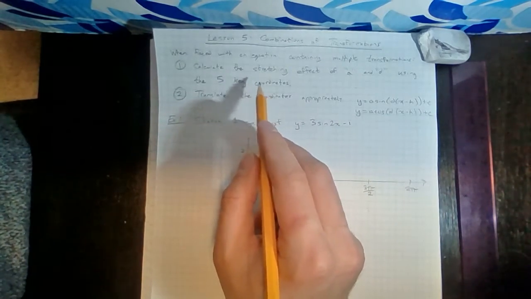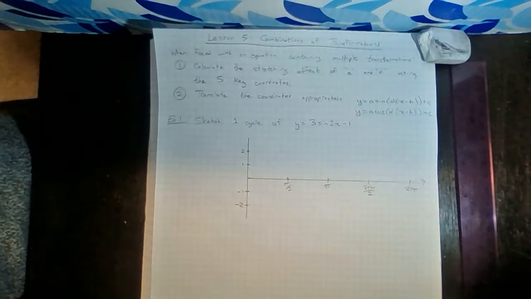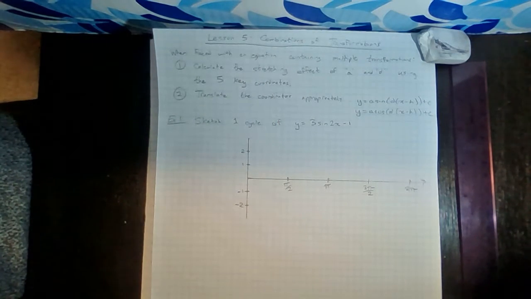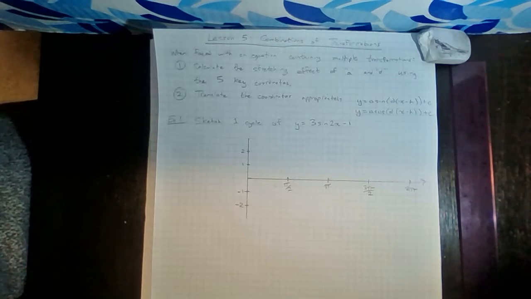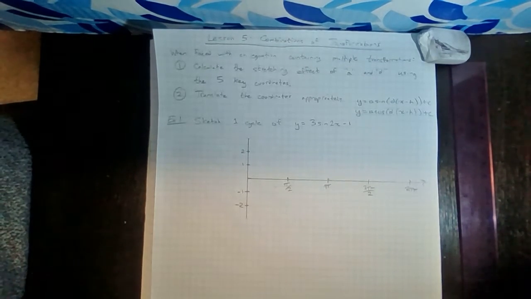Remember in the previous lessons we've talked about when we're graphing sine and cosine, we want the 3 points where it's crossing the axis of symmetry, and then one maximum and one minimum. So that gives us that one full cycle.